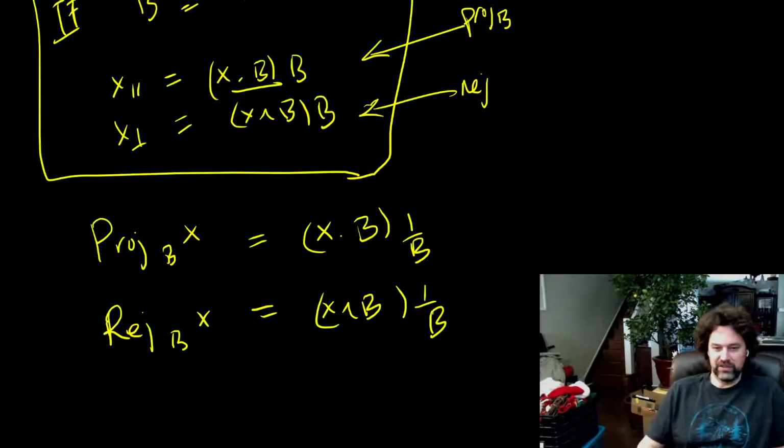And in a particular case where b is a unit bivector, then we can get rid of the inversions and just say this is x dot b times b and x wedge b times b. So that is the geometry.